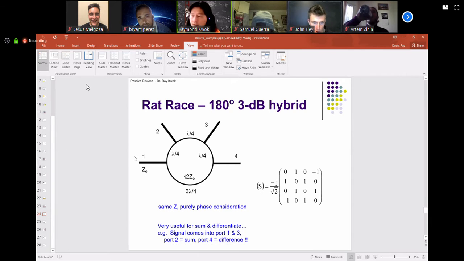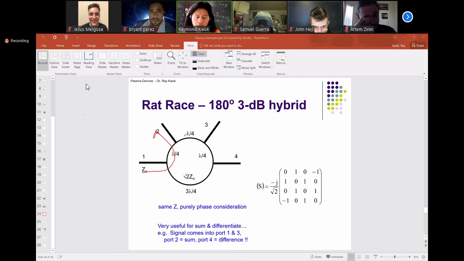So just look at the phase consideration again. If I have a signal coming in port 1, I'll go to port 2. That's 90 degrees, right? Because I have a 90 degree section here. Port 1 to port 2 is 90 degrees. If I go around this way, I have 3/4 plus 1/4.